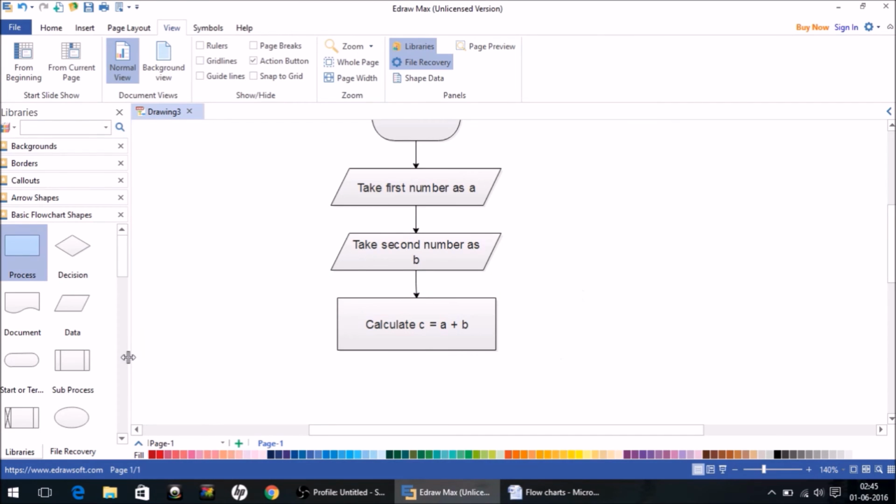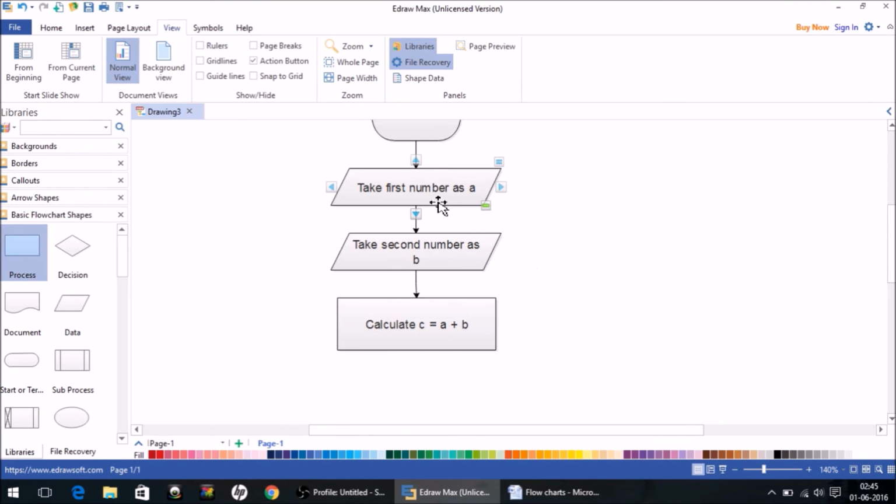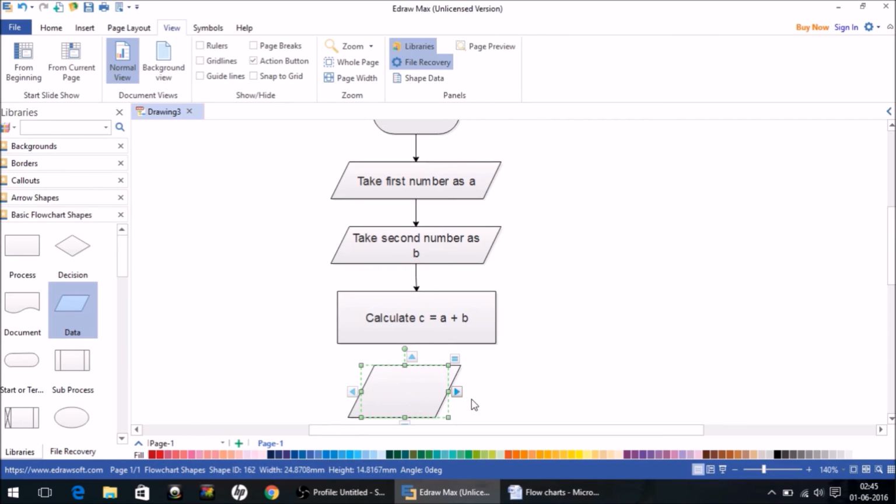Now the next is of course we want to display something, and that is output. And for output we have this parallelogram symbol. So we take this and we simply write display C and we connect.